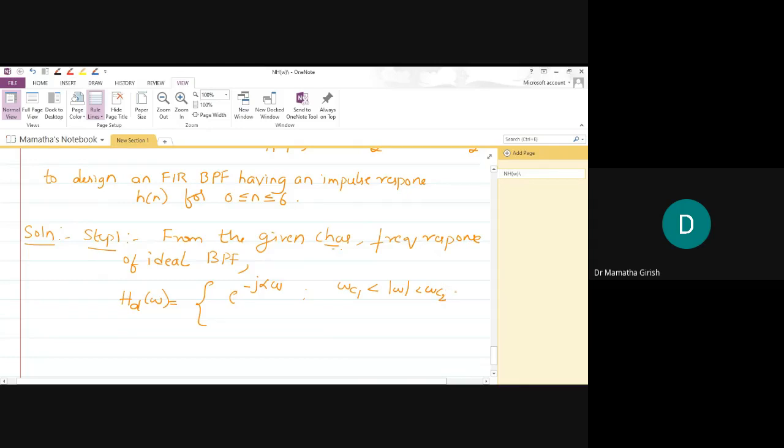Or we can just write this in the range between omega c1 to omega c2 itself. It is 0 otherwise. So only in the band between omega c1 to omega c2, the value is e to the power of minus j alpha omega. Outside this range, the value is 0.